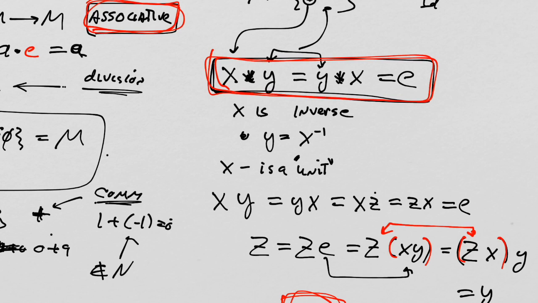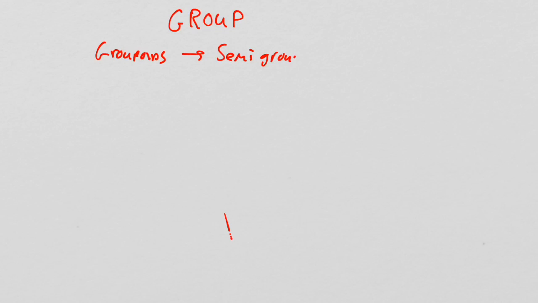Okay, so what's next? Well, next is the big one, the one that we probably learned first, and most of you probably already know, and that's the group, right? So we've gone from groupoids to semigroups to monoids and to groups. And these are inclusive, right?